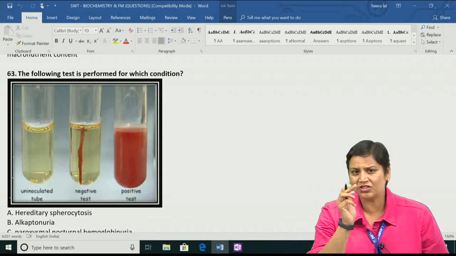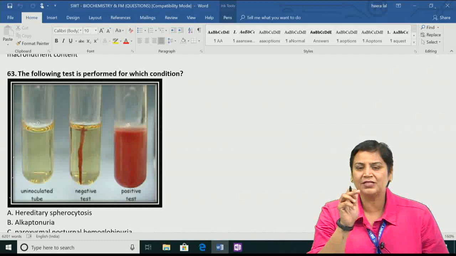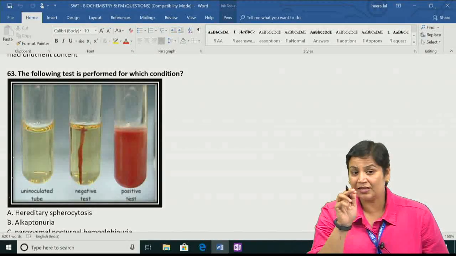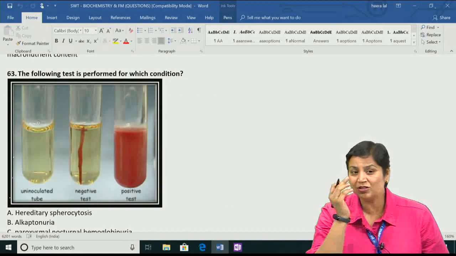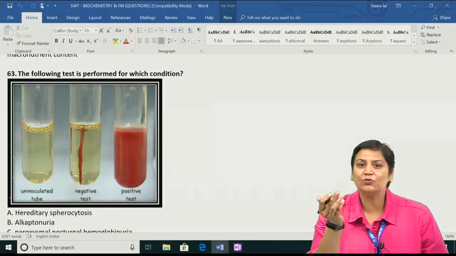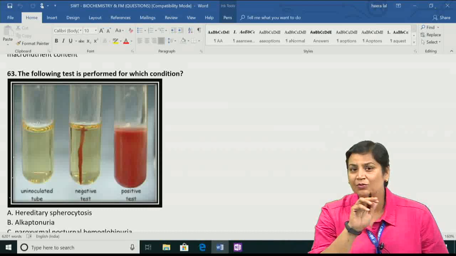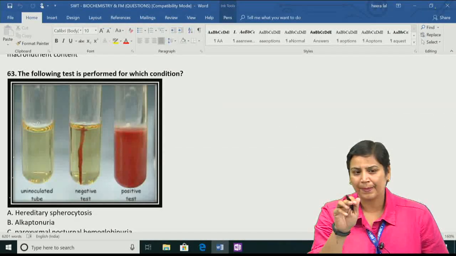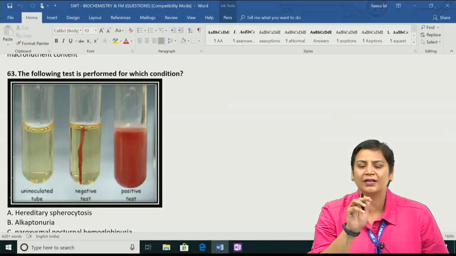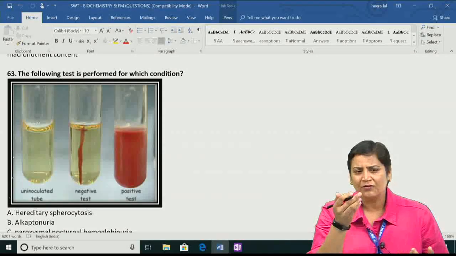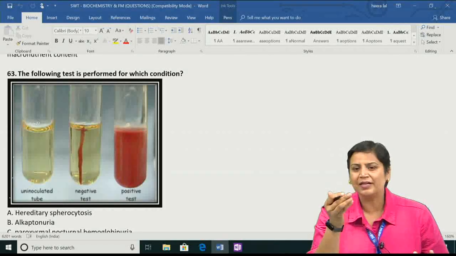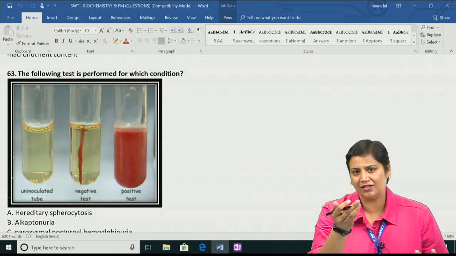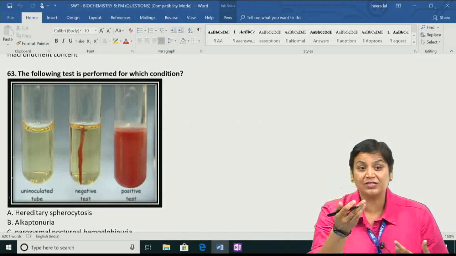You can see the lines which are visible, but once the RBCs are hemolyzed, in the last tube, the third tube, you cannot see that line, it is clear. That means whatever RBCs are there, they are hemolyzed. If you compare the first control with the test, it is completely opaque, no line is visible.